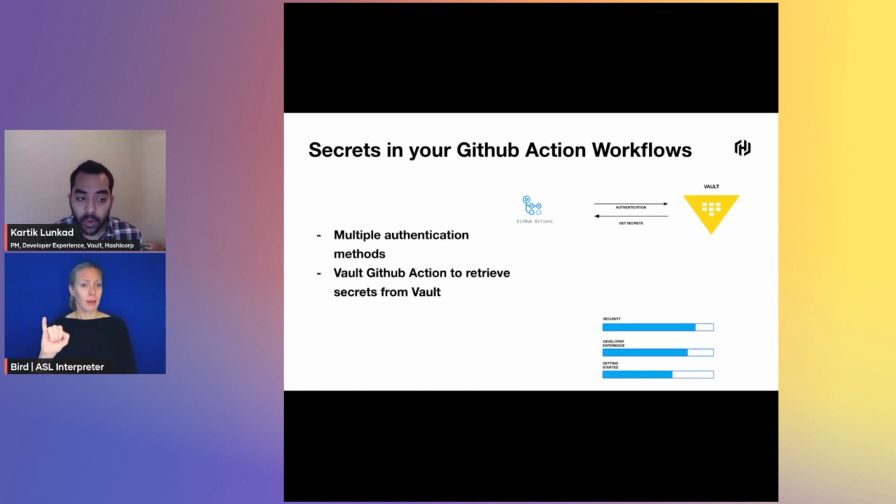In this demo, I will be using basic authentication, in terms of token-based authentication, but you'll see that the Vault GitHub action has a few different types of authentication methods. The security could have been almost close to full if we used the OIDC-based workflow. But because we're using the token-based workflow, it's slightly more insecure.